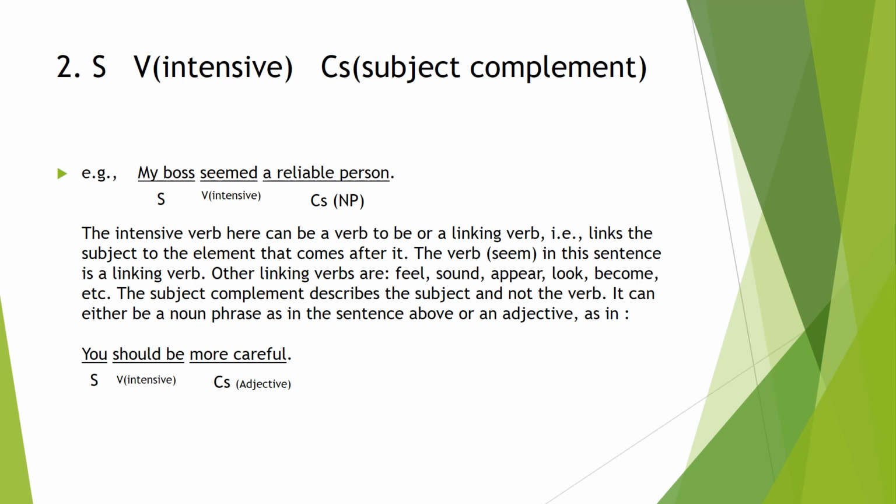So here, seem is what? A linking verb. And the function of linking verbs is to link what comes after it to what comes before it, which is what? The subject. Do we have other linking verbs in English? Yeah, we have, like feel, sound, appear, look, become, grow, get, and so on.